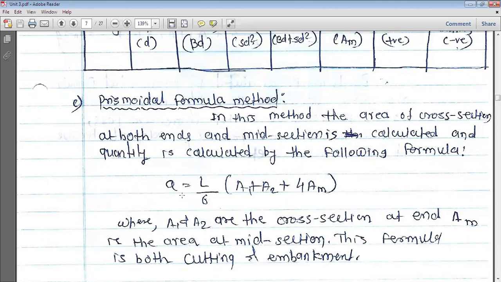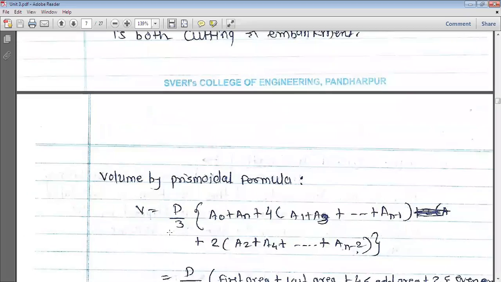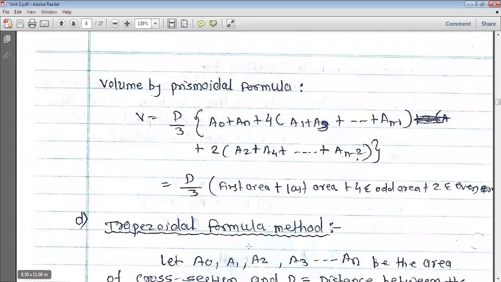I will just take a fast review of this, because there will not be even a single one-mark question on these parts, the Prismoidal formula method and the trapezoidal formula method.